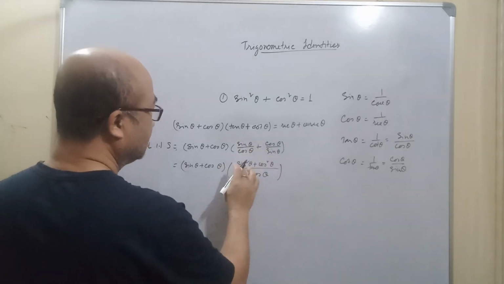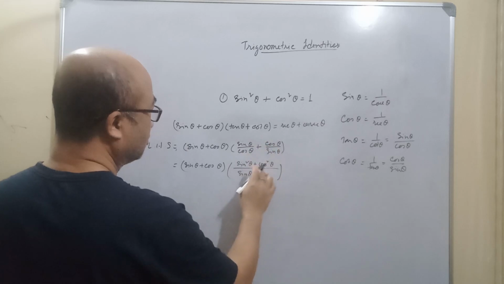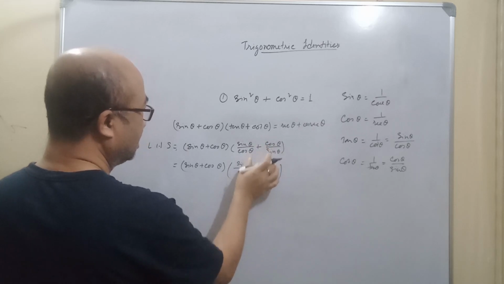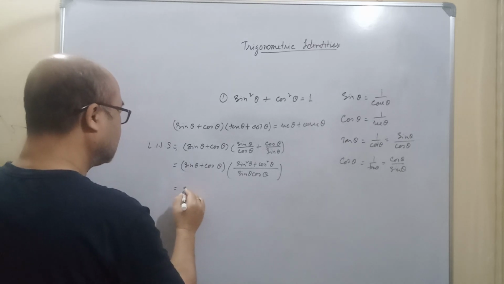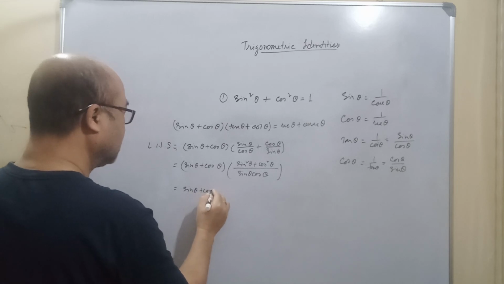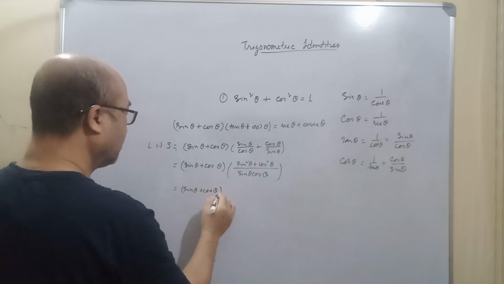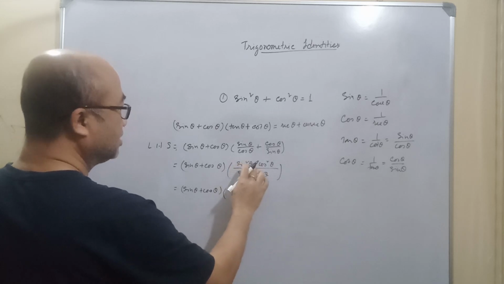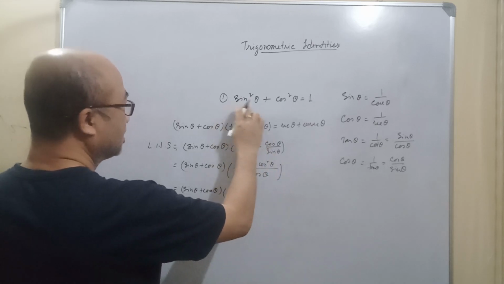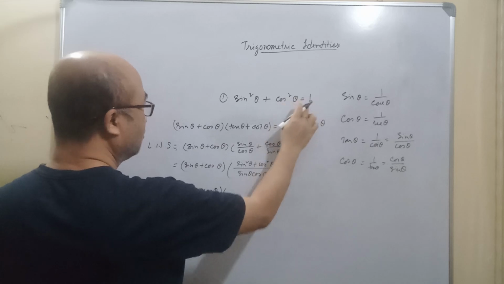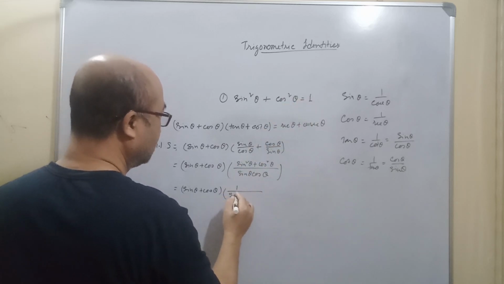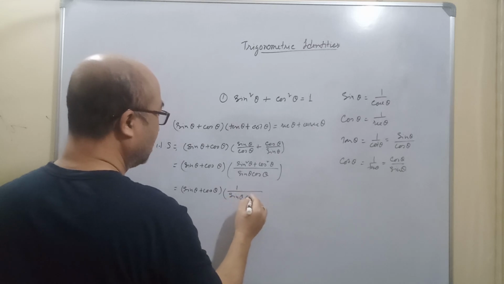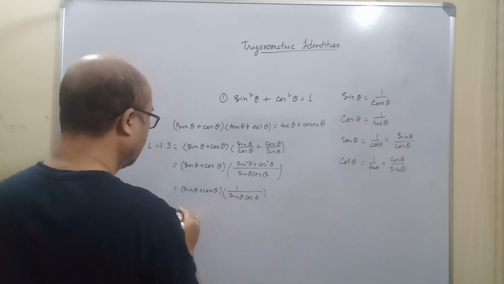Multiply, and taking the LCM, sin θ cos θ. So this is equal to sin θ plus cos θ. And what is the value of sin square θ plus cos square θ? 1.